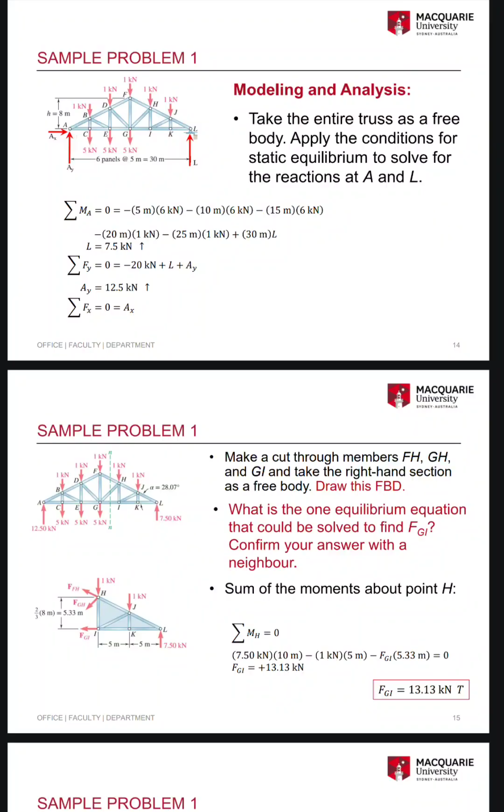Negative, positive, negative. Minus FGI into 5.33, that was being very big. FGI going that way.